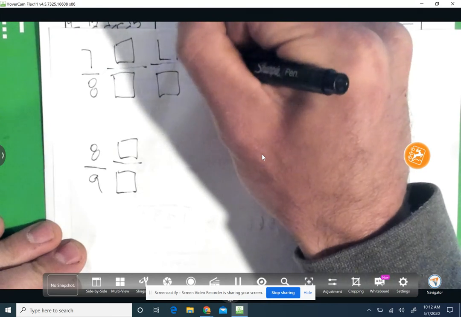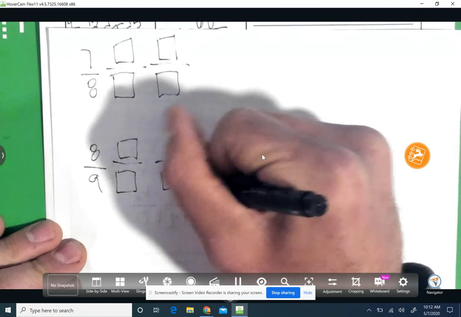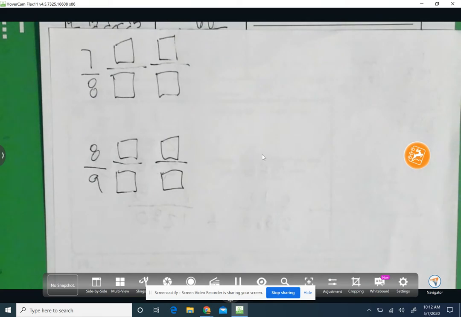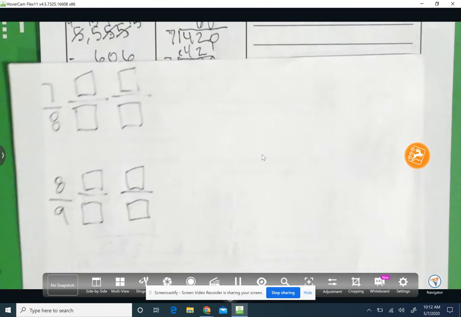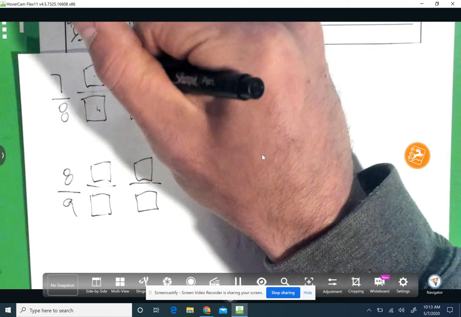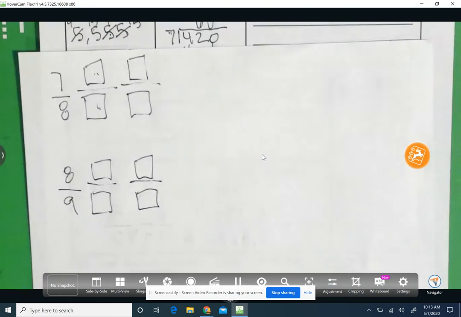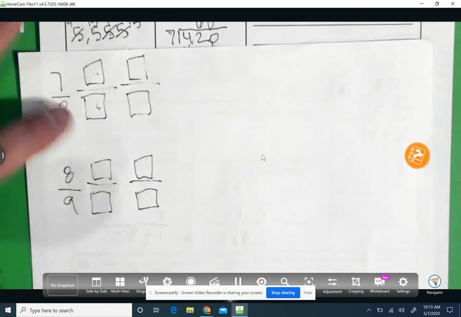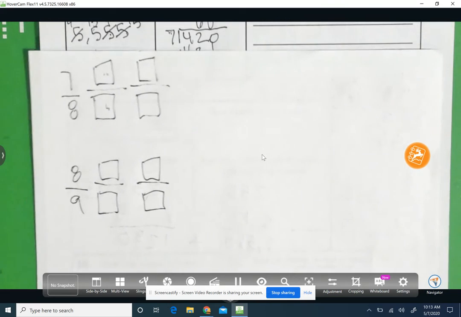And I'm just kind of getting ready here to use my multiples. That's why I've drawn these boxes here. Okay, this is actually set aside for a multiplication sign. What are we going to multiply 8 and 9 by so that we can get the same exact denominator?